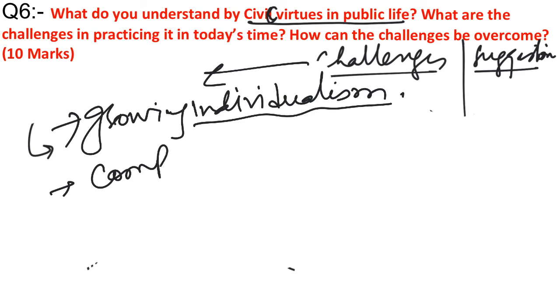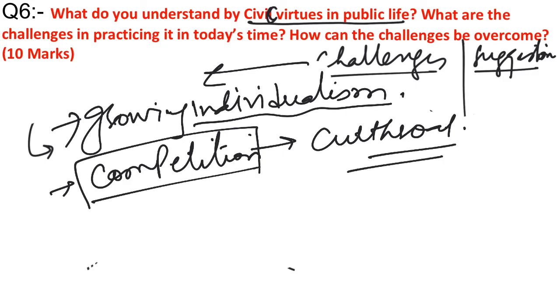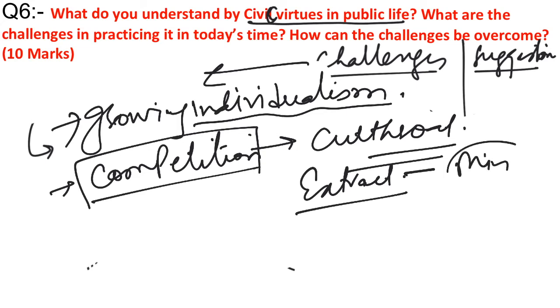And also there is competition because the resources are limited, not only in urban areas but also in rural areas. But it is highly visible that there is cutthroat competition in urban areas, and everyone tries to extract the maximum for themselves and leave zero for others.